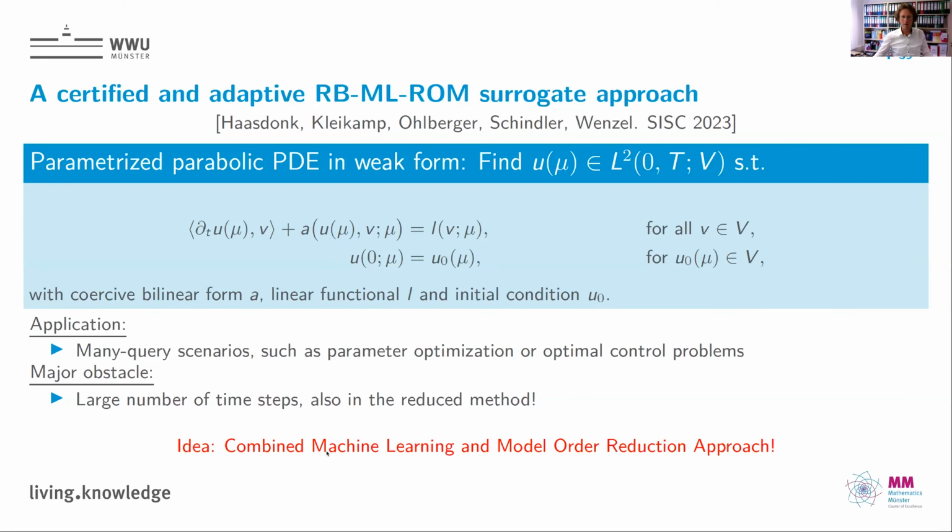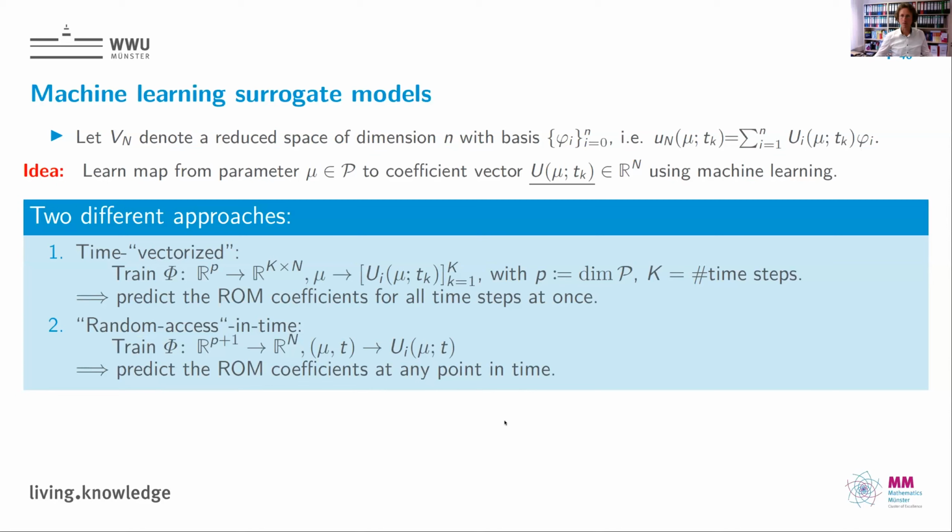And this is done now by combining model order reduction with machine learning, with an idea that was already also presented by Gianluigi Rozza. So if we have our reduced solution, then we can write this down as a span, that the solution is a span of a given basis function.